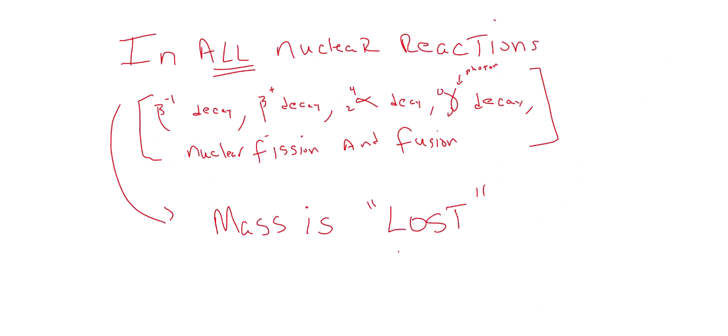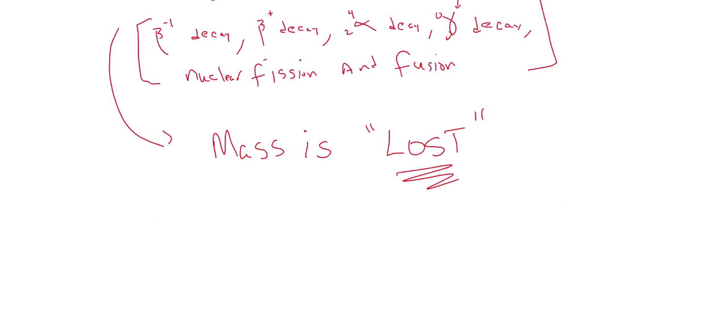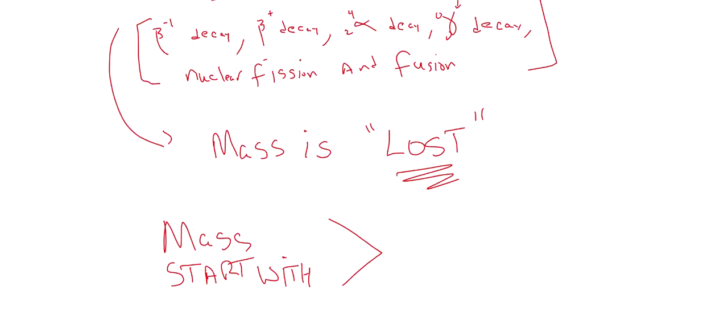In other words, this means that the mass in any reaction, alpha decay, beta decay, gamma, nuclear fission, the mass you start with is not equal to the mass you finish with, but it's greater than the mass you finish with.